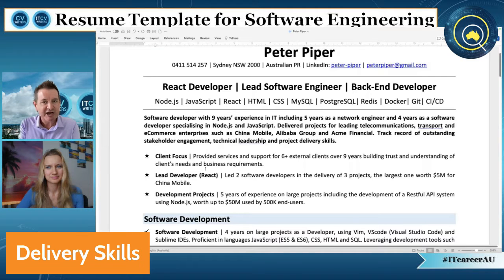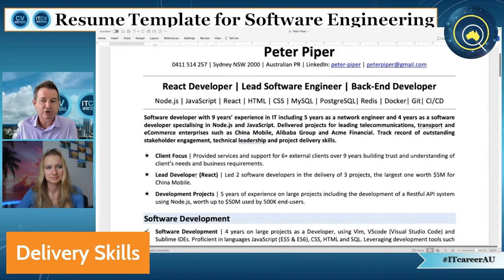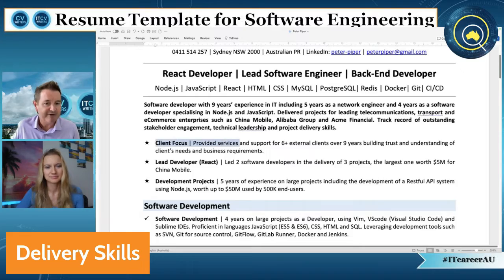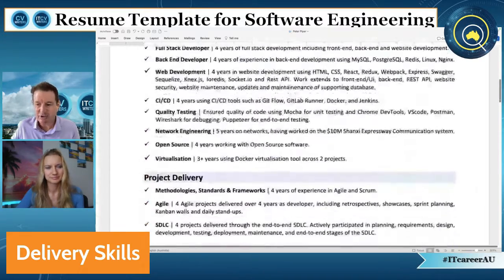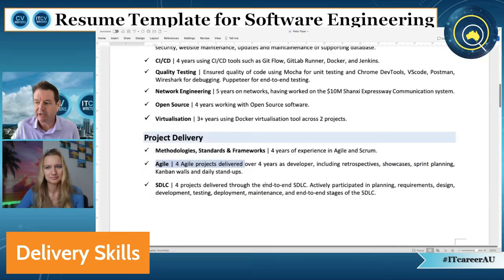Maybe you've got good agile skills because you've worked for several years in a large agile environment. Maybe it's DevOps. So having some additional points about client-facing experience, or your agile credentials or methodologies, rounds out your experience.